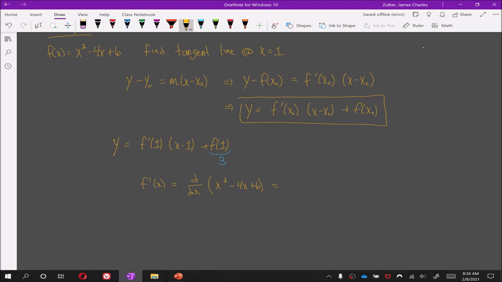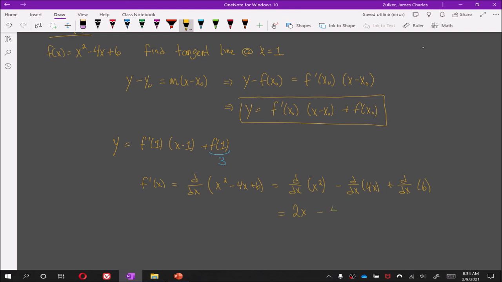So first we see some difference, so this will be d dx of x squared minus d dx of 4 times x plus d dx of 6. d dx of x squared is the power rule, so that's 2x.